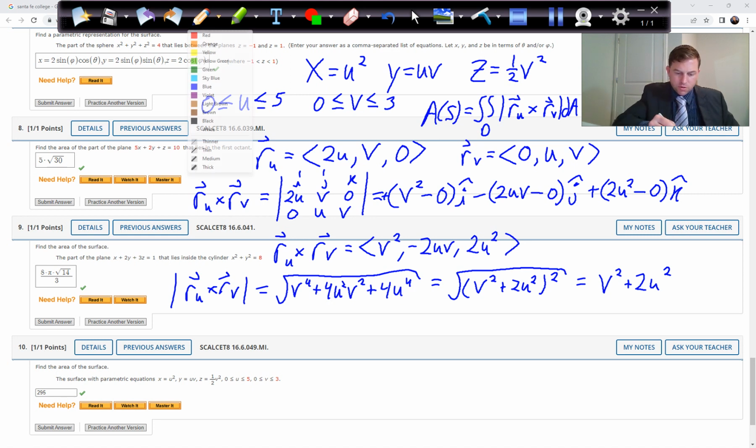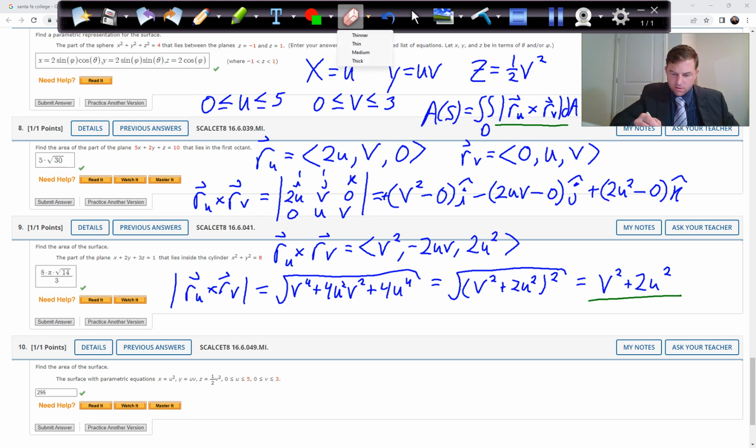Okay, that is going to replace this right here. Not the dA part though, just the magnitude of the cross product. So we get a double integral, and let me make sure I do the order the same way I did in my notes so I don't have to think too much on the fly.